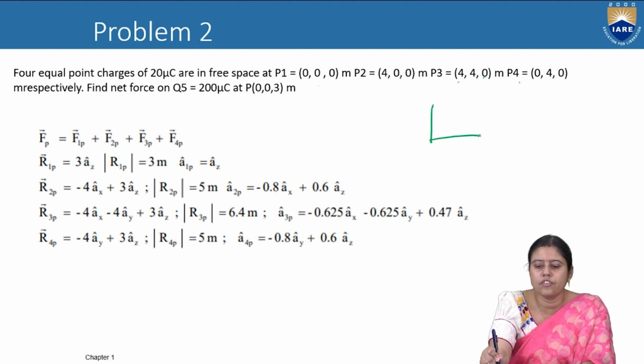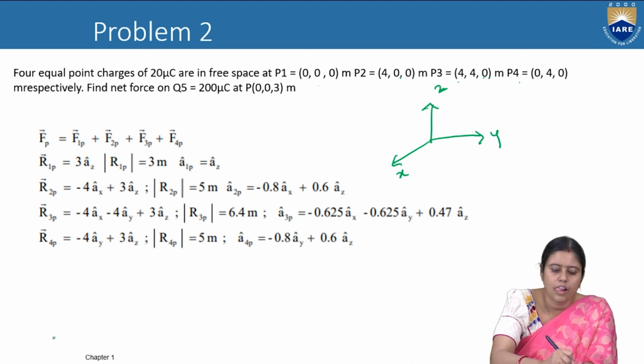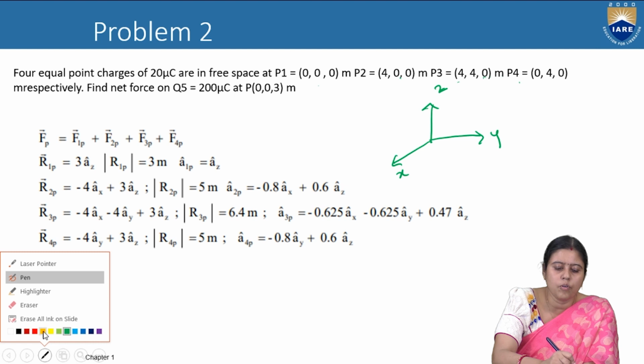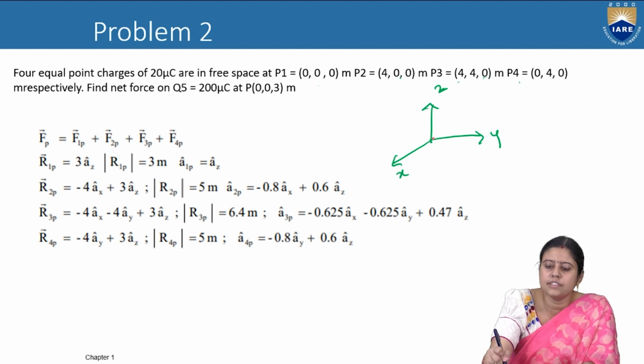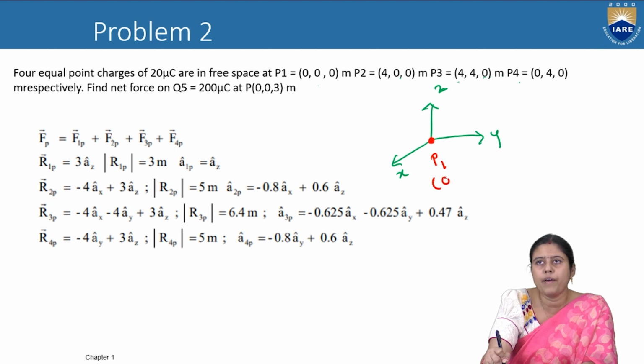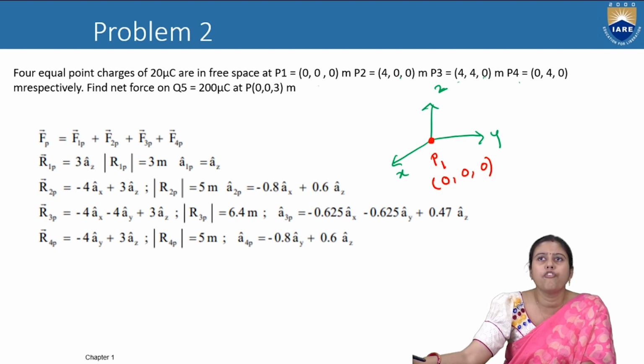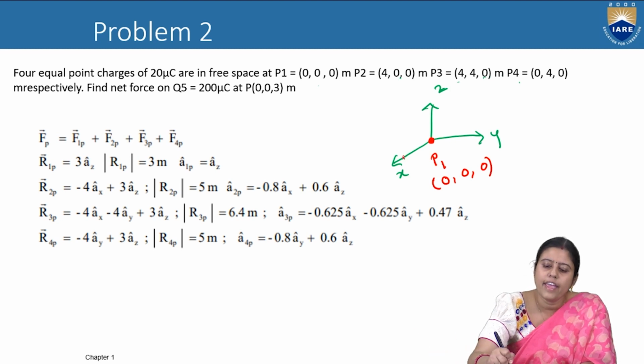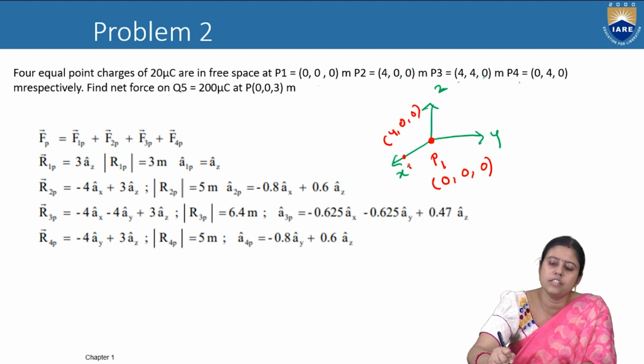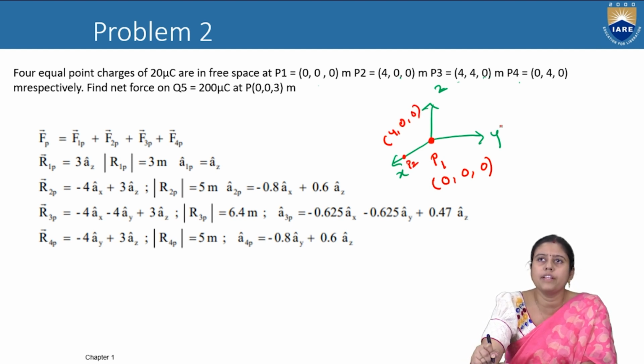So again we are drawing the X, Y, Z. So what are the points? First one is P1. The red one is showing P1. What is the value of P1? 0, 0, 0. What is the value of P2? 4, 0, 0. So it is on the x-axis only. What is P3?